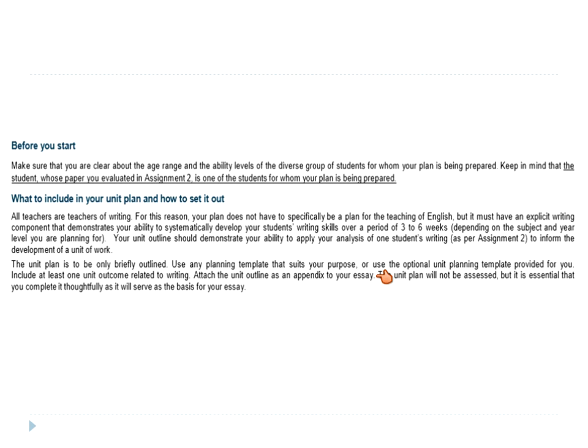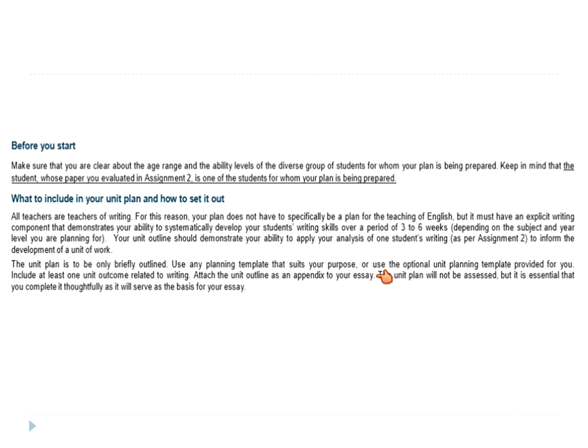Attach the unit outline as an appendix to your essay, not separately. It should be part of the one. Just copy and paste it. It doesn't matter if it goes sideways, that's no problem at all. Just so that when the marker opens it, he doesn't have to create folders and keep things together. He can just put a name on it and he's got a copy of your essay in the one.